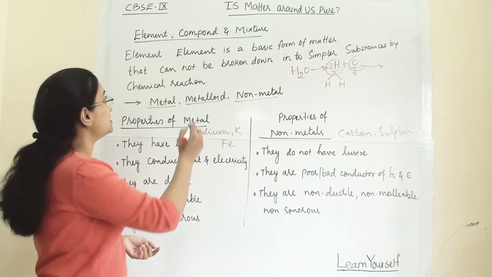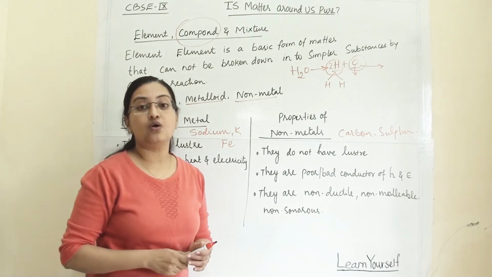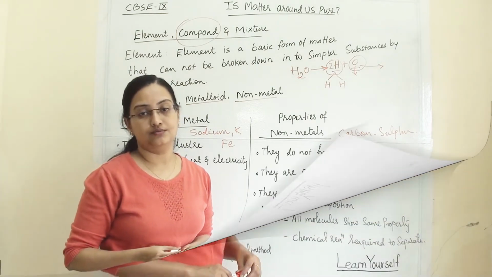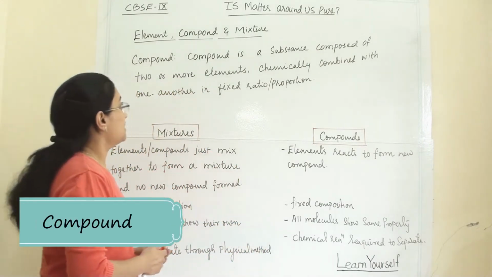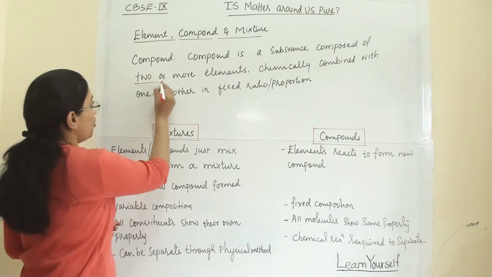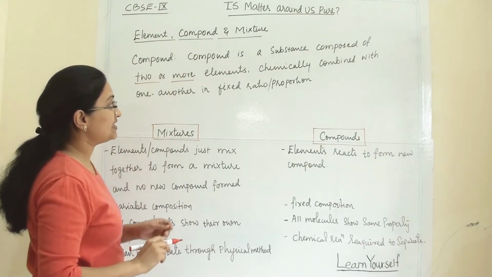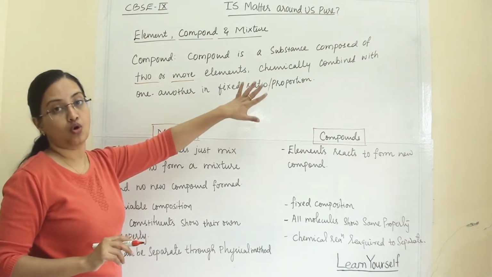Now moving towards our next topic, that is compound. What is a compound and how can we form a compound? A compound is a substance composed of 2 or more elements chemically combined with one another in a fixed ratio or proportion.